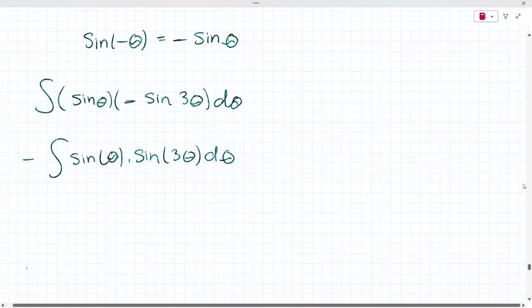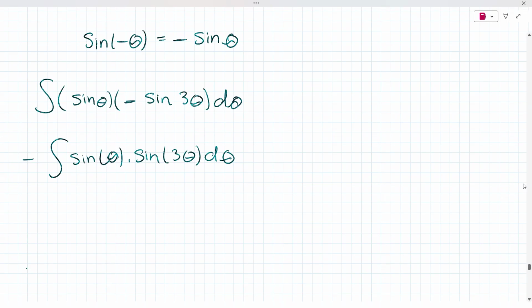And what else could we do? What if maybe I should put the 3 theta in front? Maybe that would help because that's larger. So you could say sin of 3 theta times sine of theta d theta.